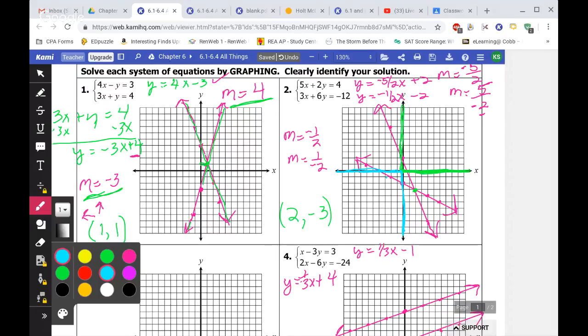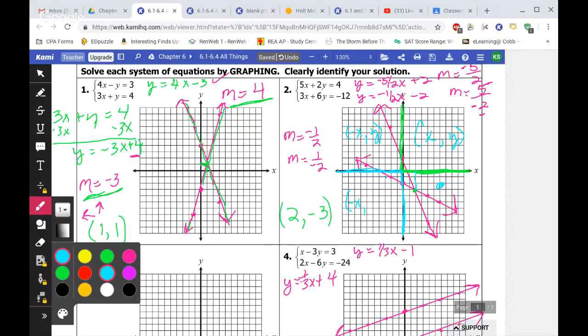So if you count to the right and go down, your x coordinate is going to be positive and your y coordinate is going to be negative in this quadrant here. Like over here, both are going to be positive. Over here, your x is going to be negative and your y is going to be positive.